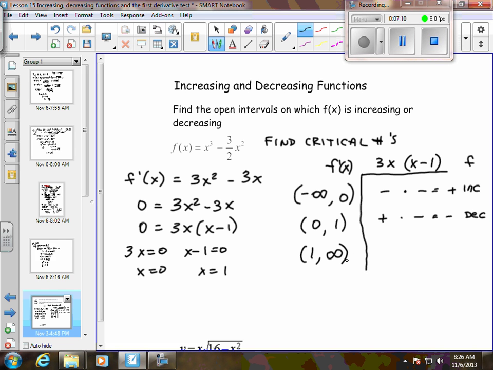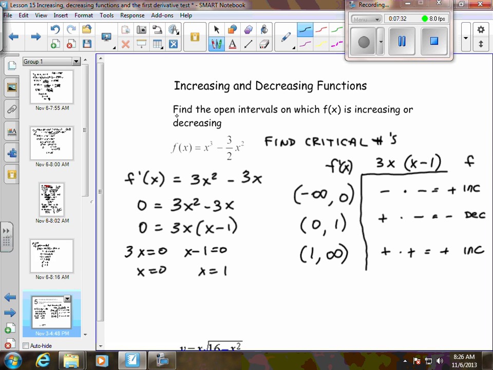And then continue with the last interval. Pick a number there like 5. 3 times 5 is positive. 5 minus 1 is positive. And multiplying two positives gives me a positive. So the function is increasing in that interval.